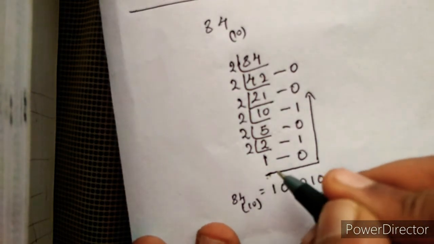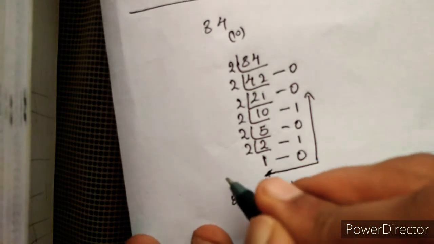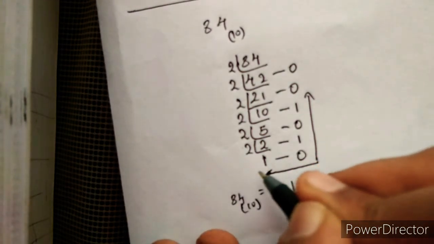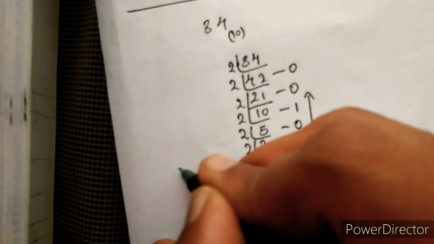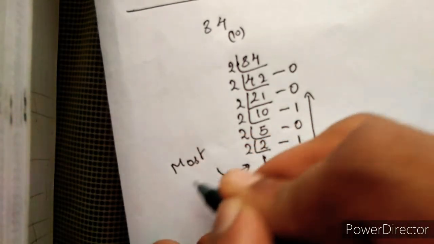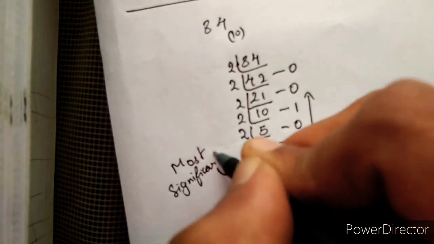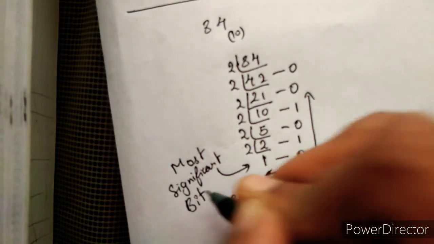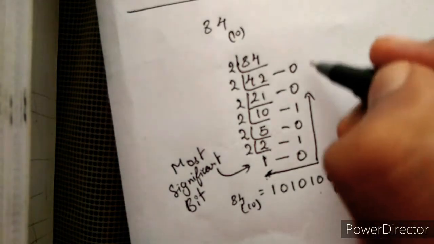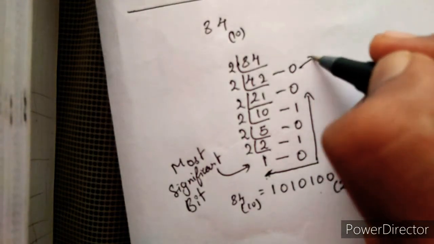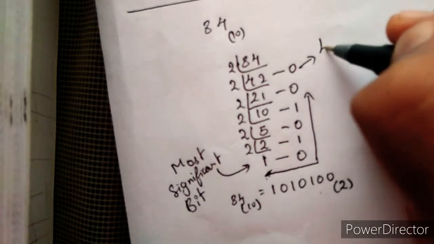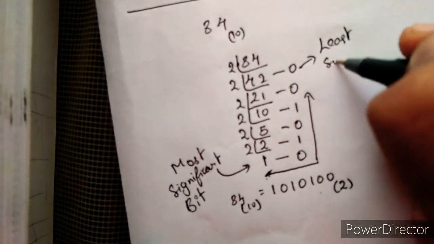This lowest number which remains, the one which always remains at the end, is called the most significant bit, while the topmost number, the 0, is called the least significant bit.